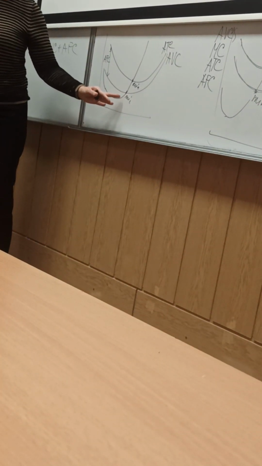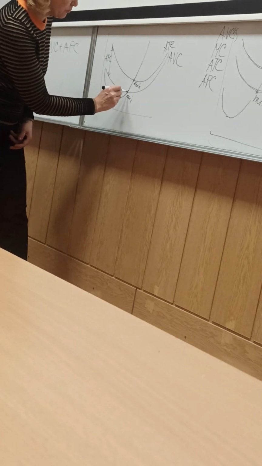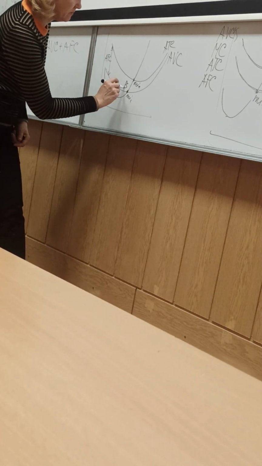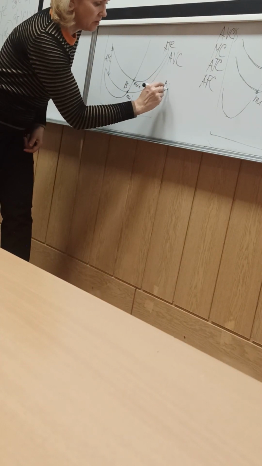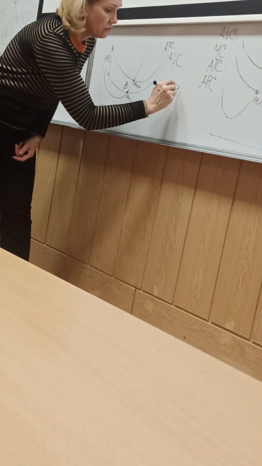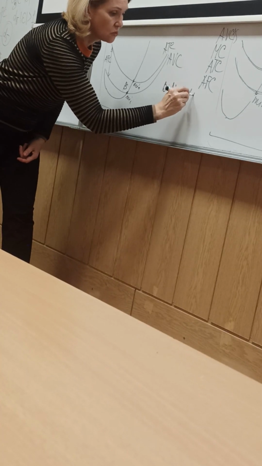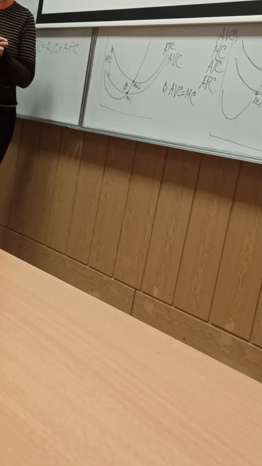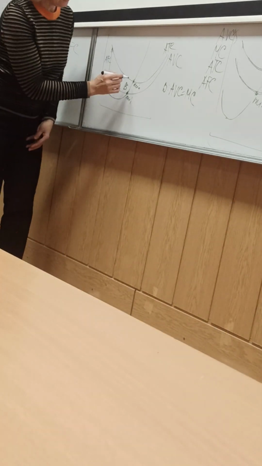The cross means equals. In this point, for example, A, or not, let's say B, in point B, average variable cost equals marginal cost, because they crossed. The graph is crossed means equals.